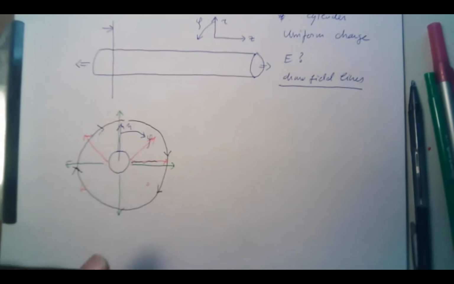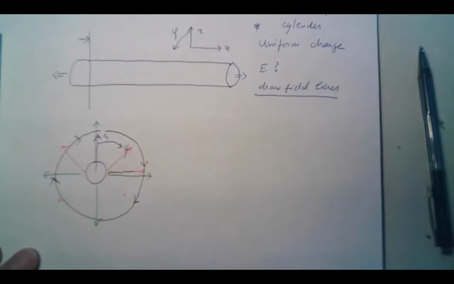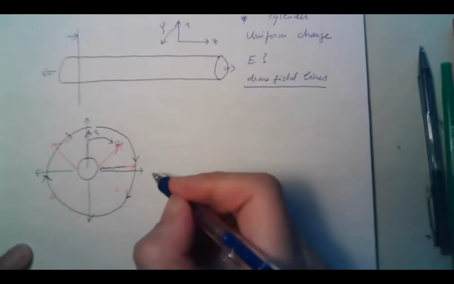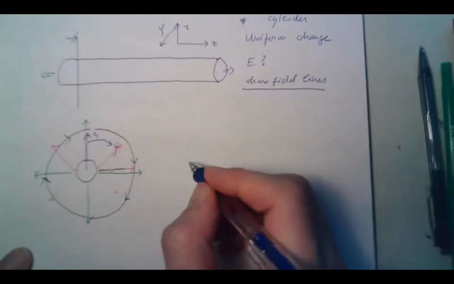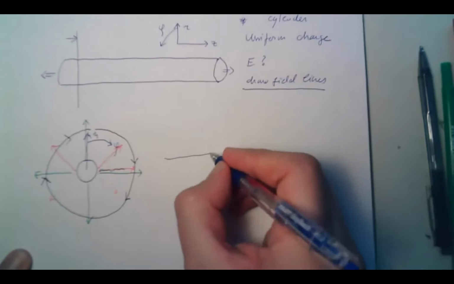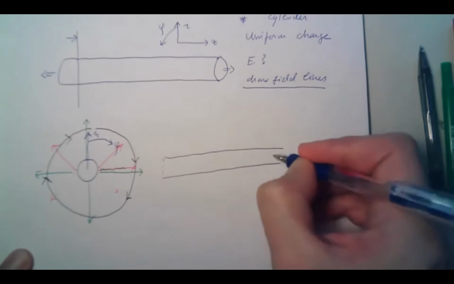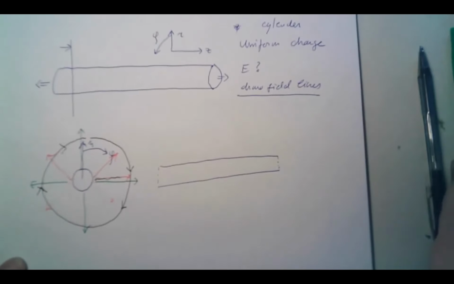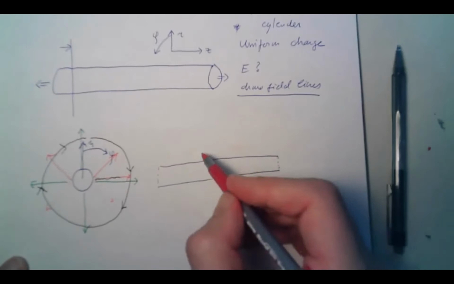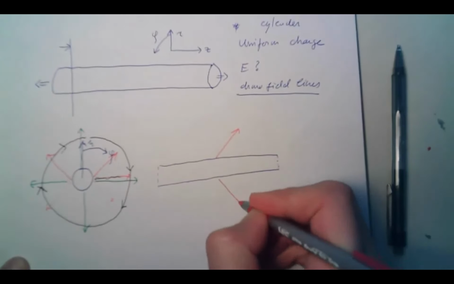What we did not discuss yet is the component in the Z direction. So therefore, I'm going to use another drawing. So I'll draw this like this. So this is the cylinder again, but now it's a cross section. And again, we can draw field lines. We already know that they're pointing up, but could they be pointing in this direction?